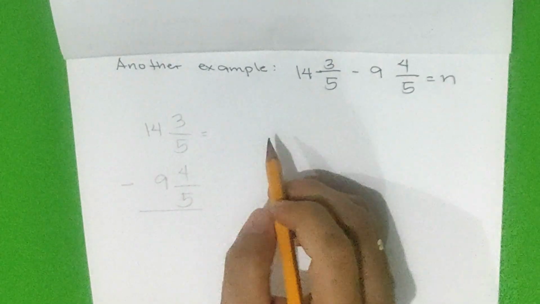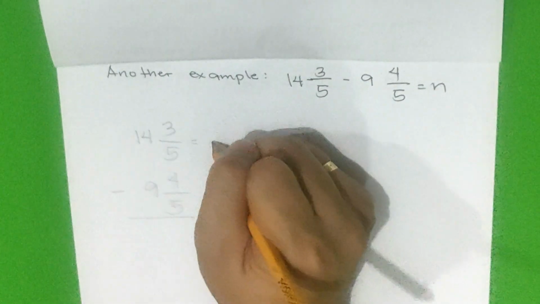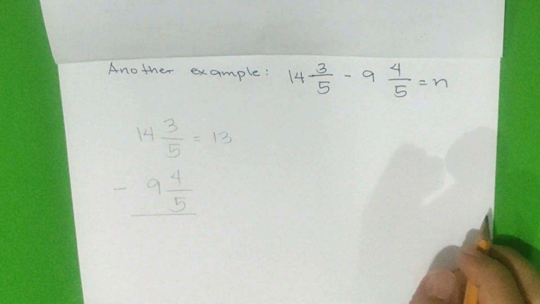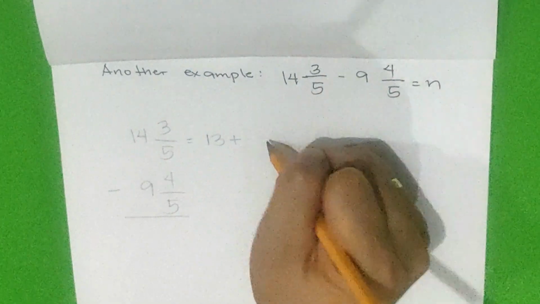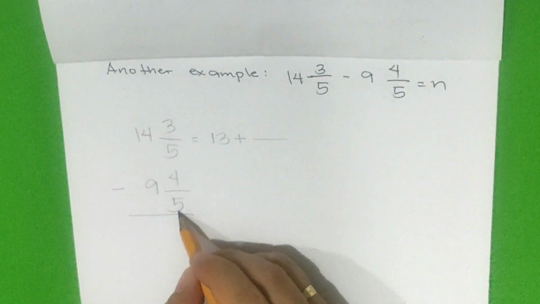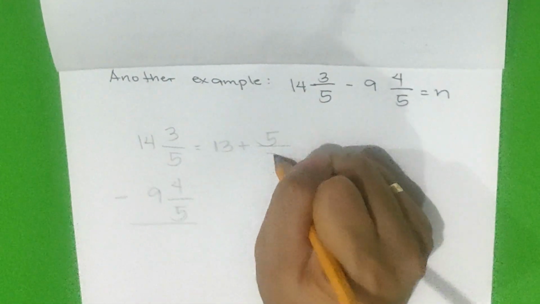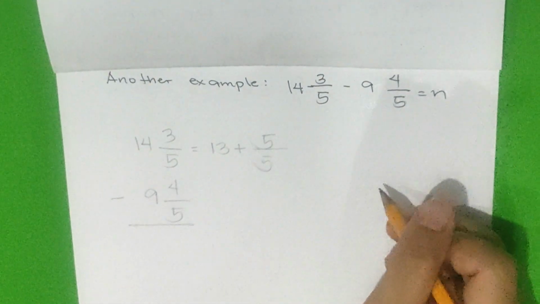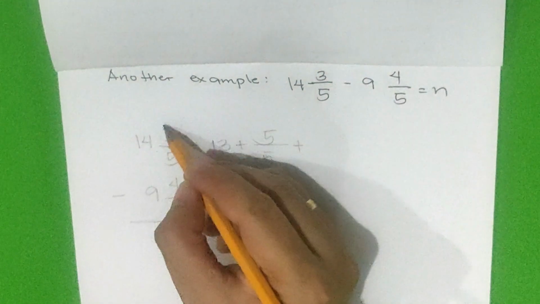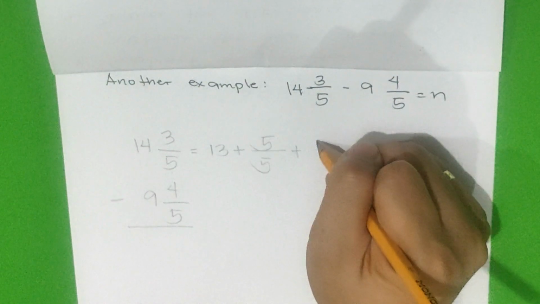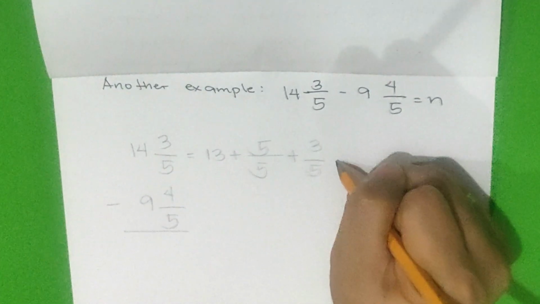Let's reduce 14 by 1. It becomes 13. Let's write an addition sign and copy the denominator of the subtrahend, which is 5, as the numerator and the denominator. And again, let's write an addition sign and copy the original proper fraction, which is 3/5.